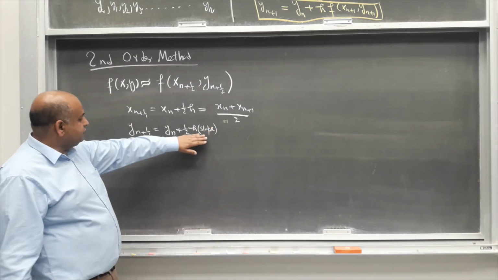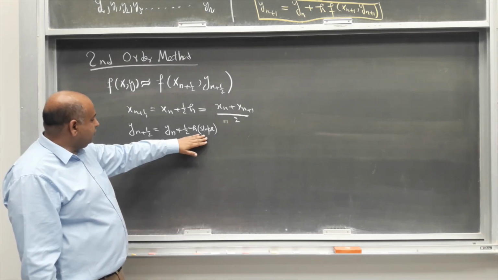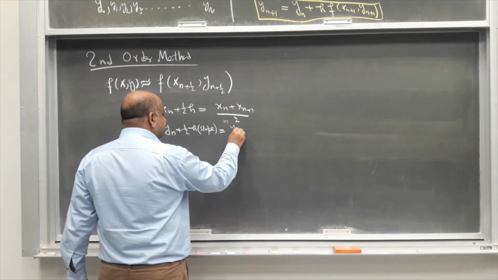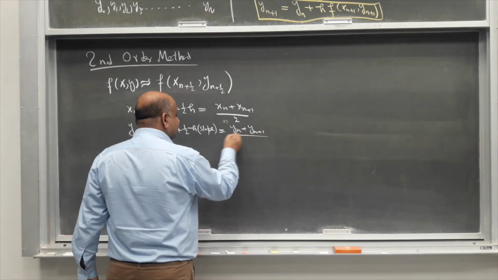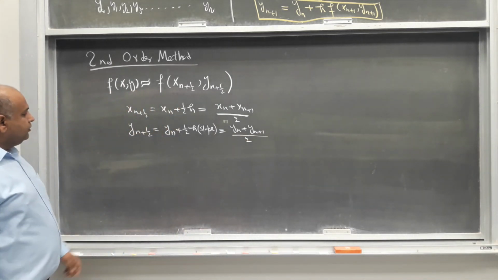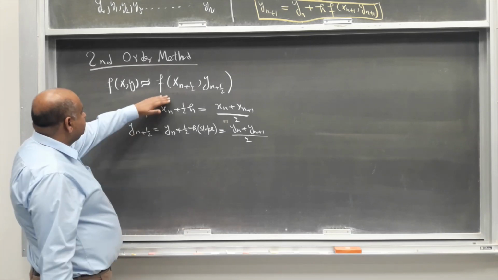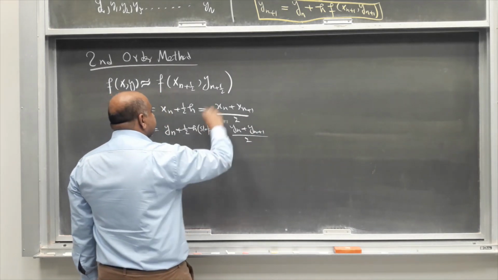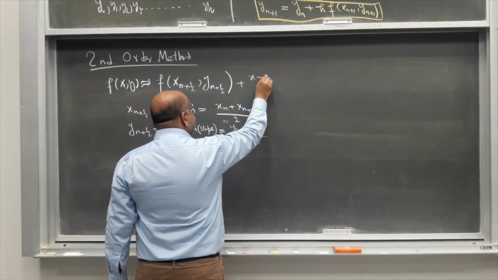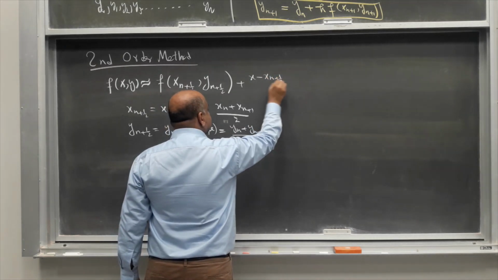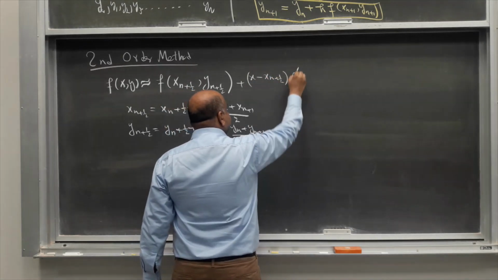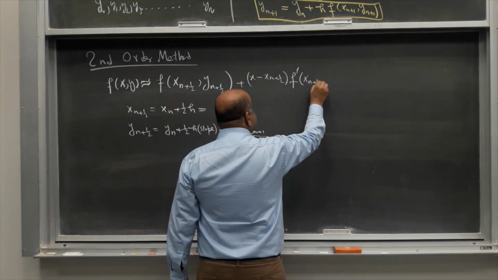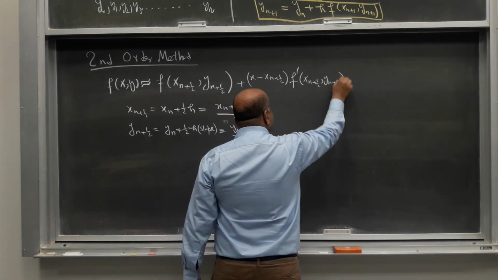Now we need the slope of the function here, and there are several ways of finding this slope, for example the forward Euler method or other methods, and from there I can compute this, or we can also approximate it like this. If I use this approximation, I'm neglecting the remaining terms in the Taylor series, because the next term would be x minus x_{n+1/2} times the derivative of f at x_{n+1/2}, y_{n+1/2}.